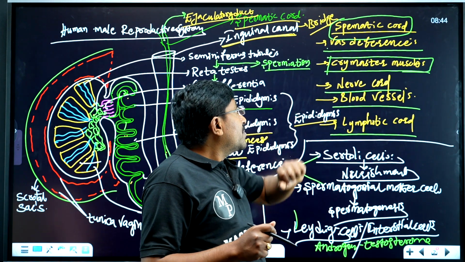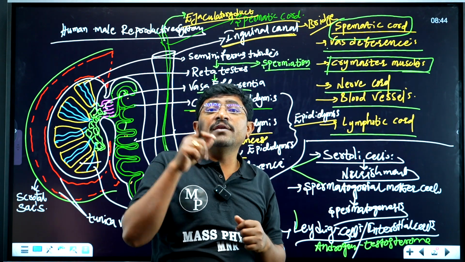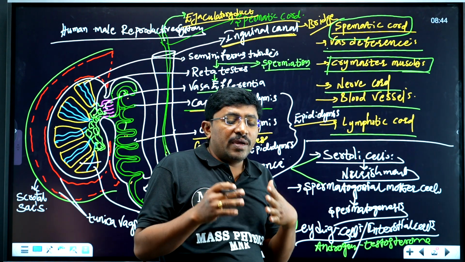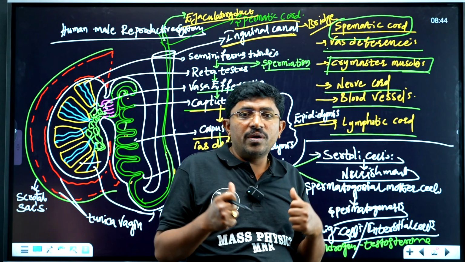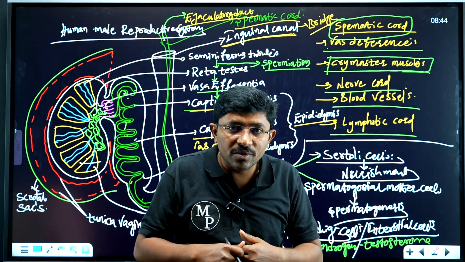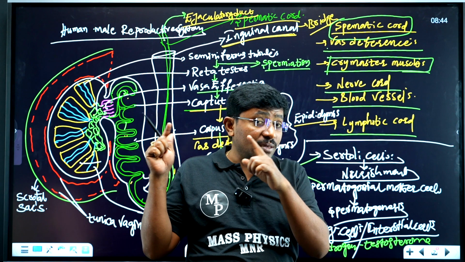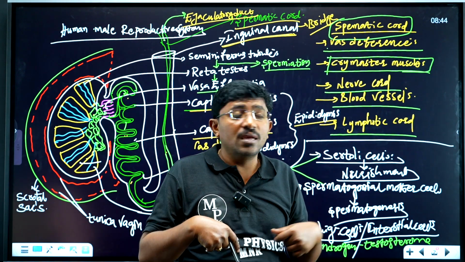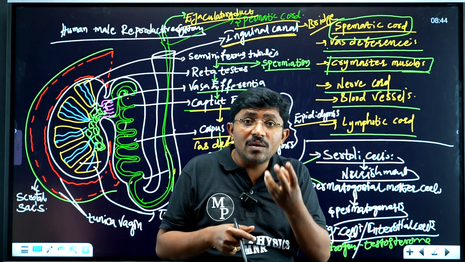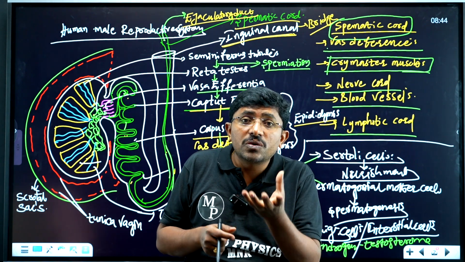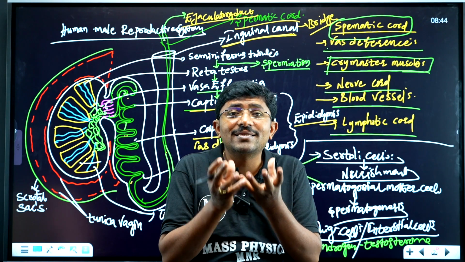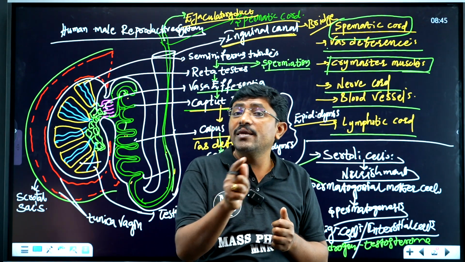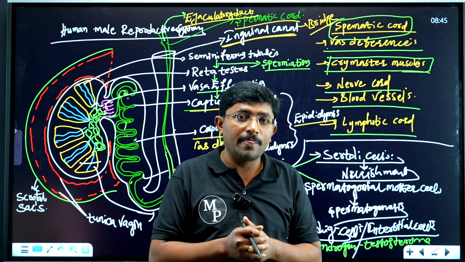Generally, the cremaster muscle function depends on the environment temperature. For example, when our surrounding environment temperature is lower than our body temperature, these cremaster muscles contract and the scrotal sac diameter is reduced, thereby maintaining the normal temperature surrounding the testes.